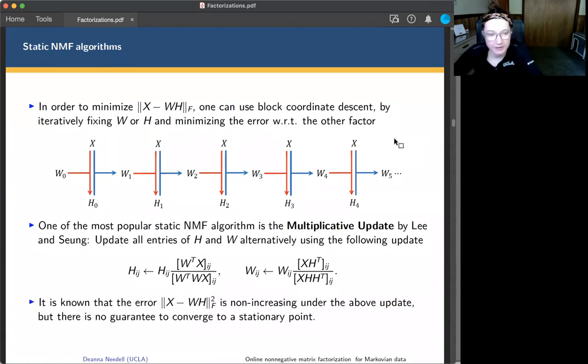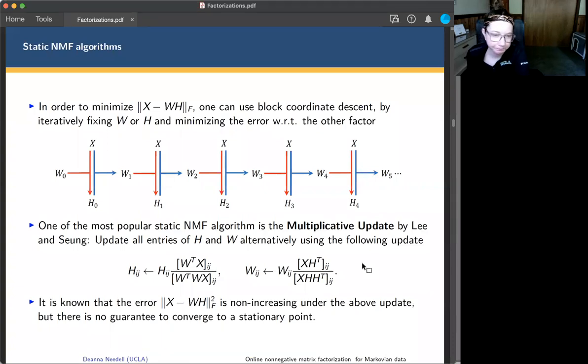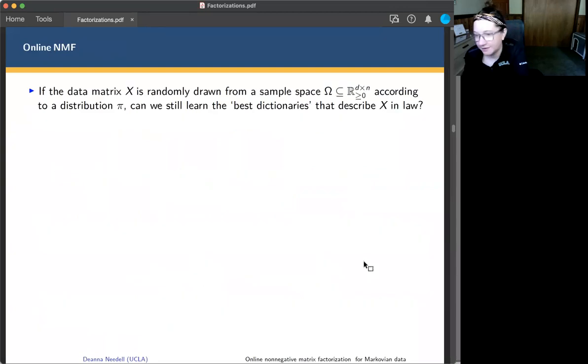So what about convergence? It is known that the error, this objective function, the Frobenius norm, is non-increasing with this multiplicative update scheme, but there's no guarantee to converge to a stationary point. Nonetheless, it's the most widely used in practice, of course. So we're going to go more towards the online setting and talk about a stochastic model.